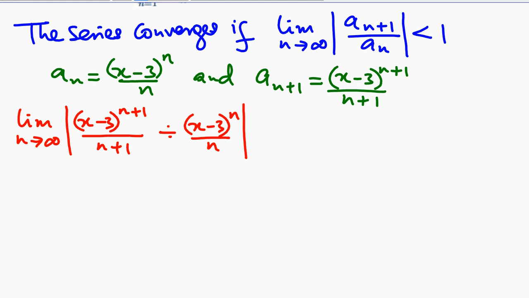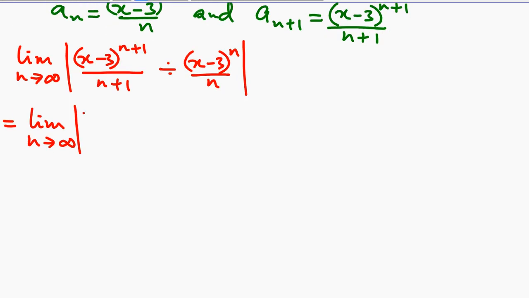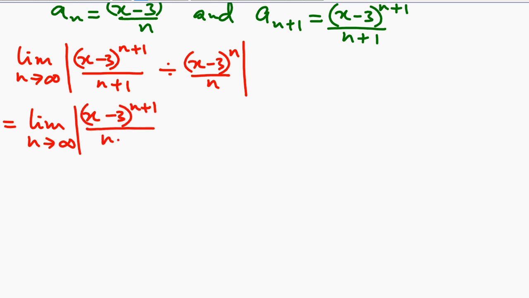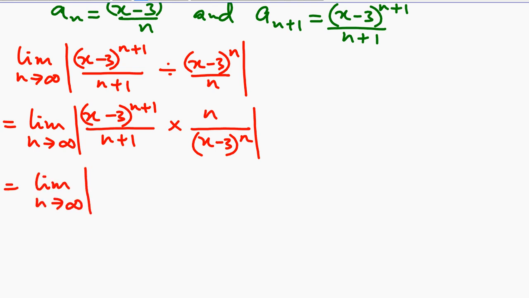This can be written as x minus 3 to the power n plus 1 over n plus 1 multiplied by n over x minus 3 to the power n. We can go ahead and simplify that as well. So we can rearrange this around.